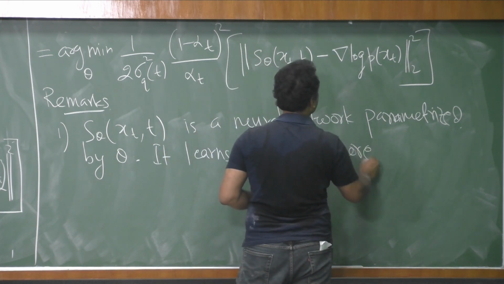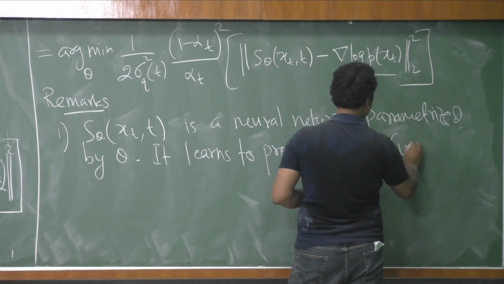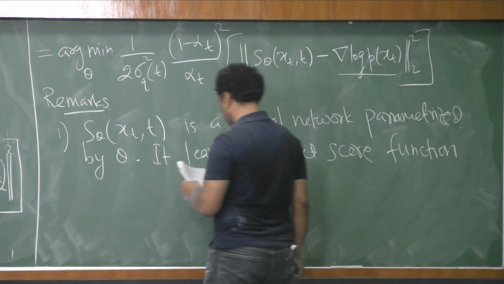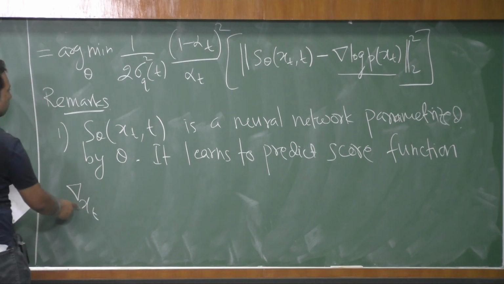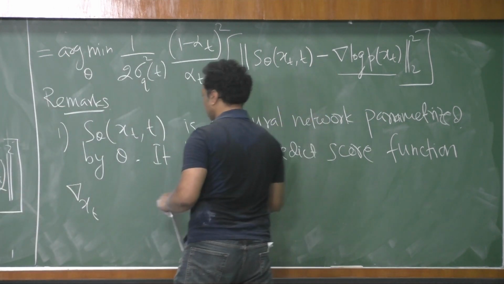So this is what we call the score, the score function: grad log p(x_t). Now we bring back the original notation that we had, which we dropped here, just for preciseness.